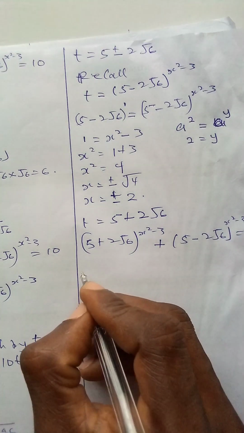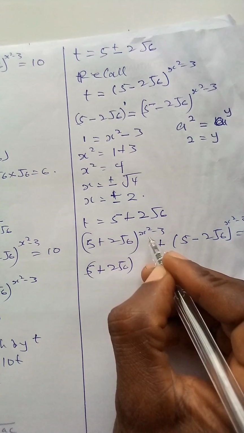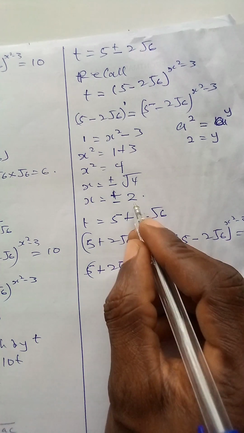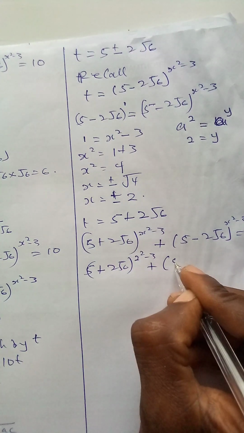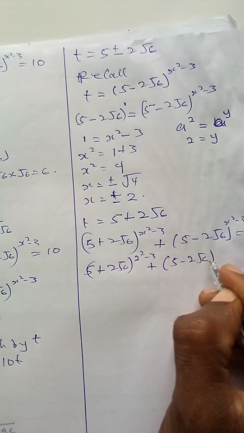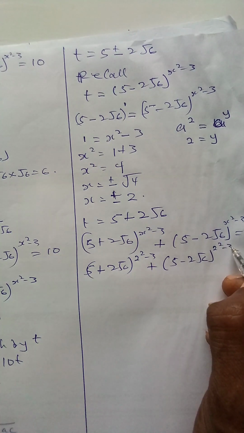Let us check. So 5 plus 2√6, x squared here is 2 squared, so I'll write 2² − 3, plus 5 minus 2√6, x squared here is another 2² − 3.